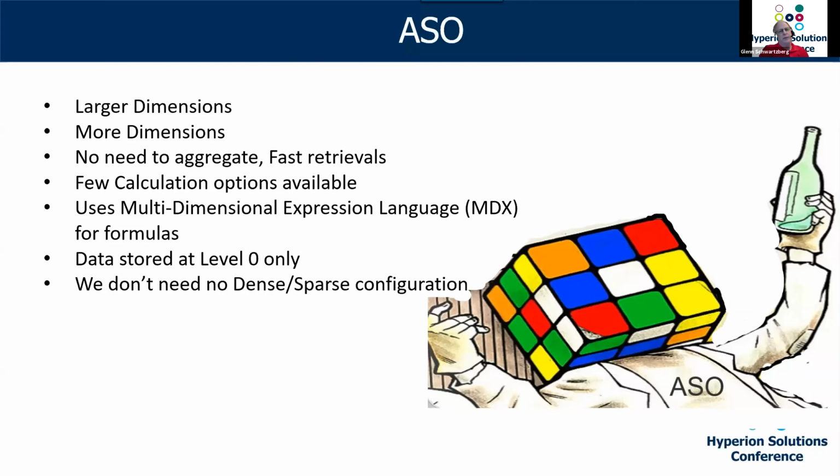That really doesn't play into how an ASO cube works. Technically, there's one dense dimension in it, and it's whatever we set our compression dimension to be, because that actually stores all of the data in one place.